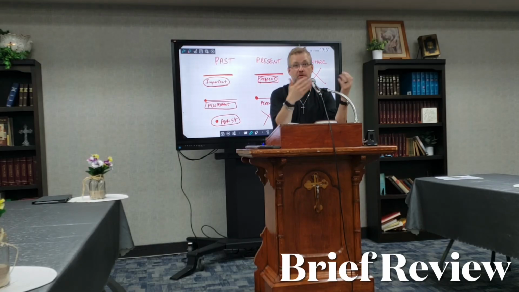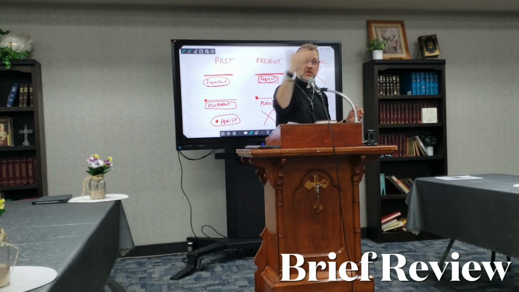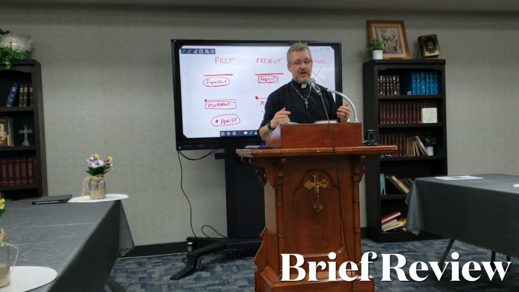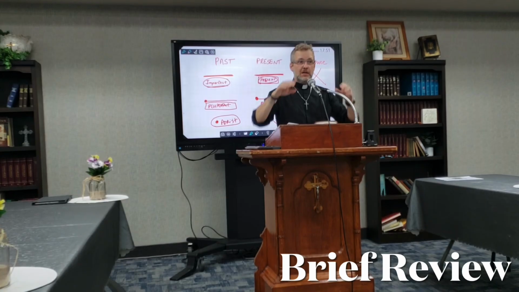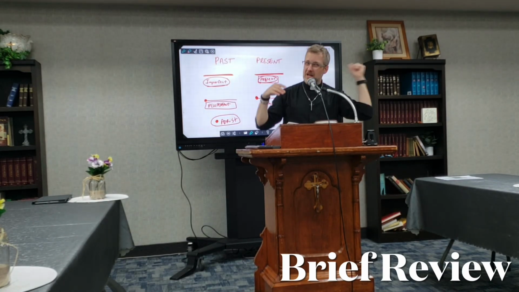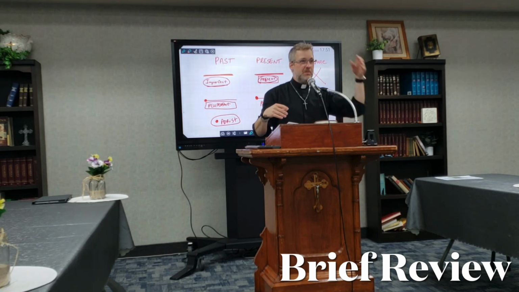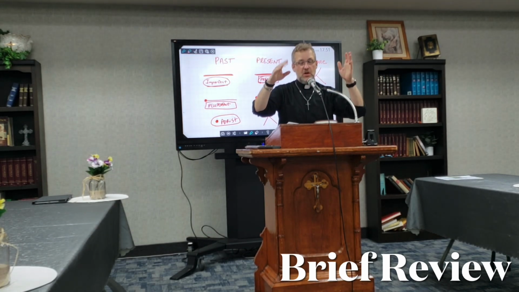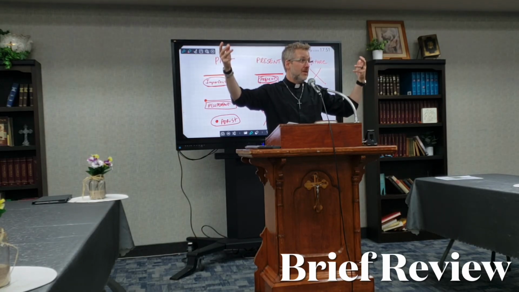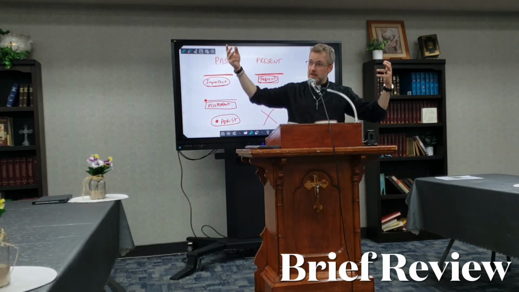Which way the arrow is pointing, right? And then you're going to find out from that verb, is it ongoing in the present? Is it ongoing in the past? Does something happen with ongoing results in the past? Something that happened with ongoing results in the future? Or are we just saying that something happened in the past or something might happen in the future? See how all that works?